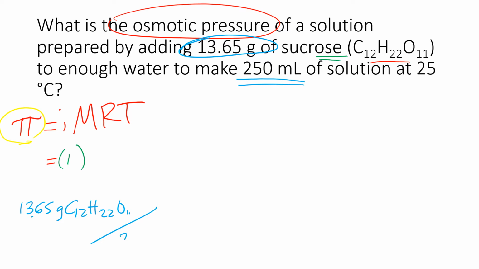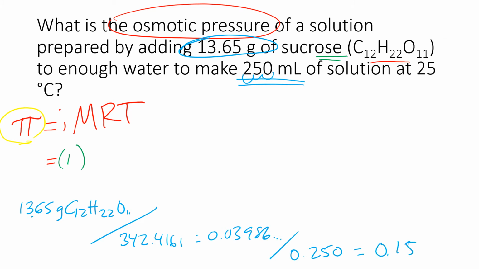So it's going to be 342.4161. My moles is going to be 0.03986. I'm going to divide by my volume in liters because it's molarity, moles per liter. So 0.250. Divide those two numbers, and I end up with 0.159455.